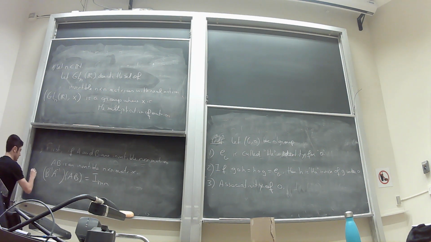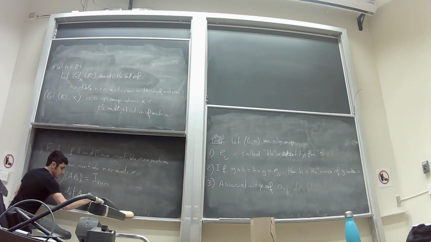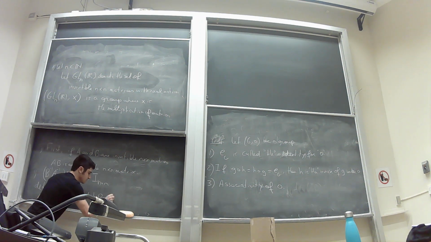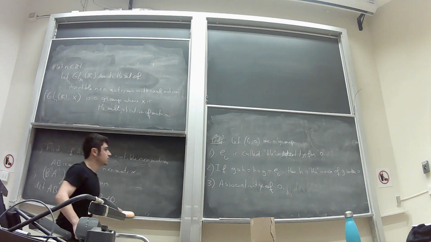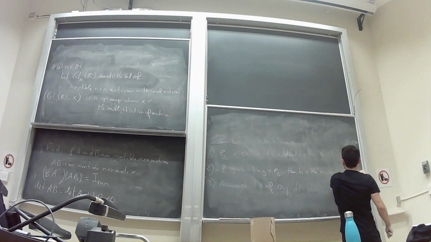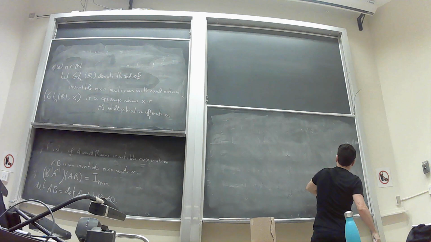Remember this? If both of these are non-zero real numbers, then the determinant of AB is non-zero. Those two reasons give you that AB is invertible. Great.